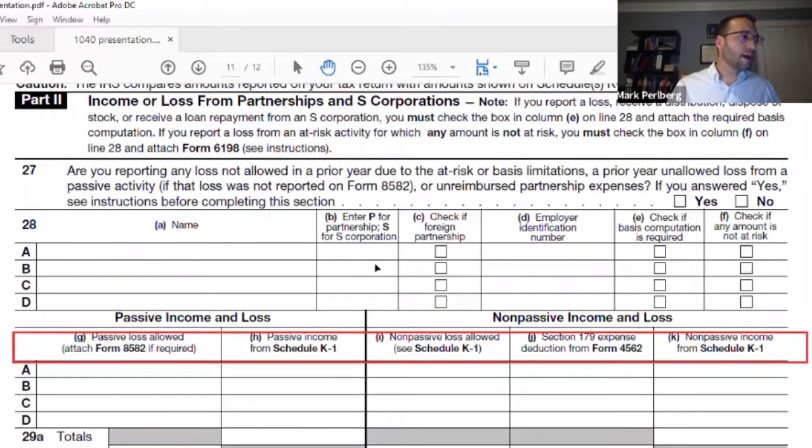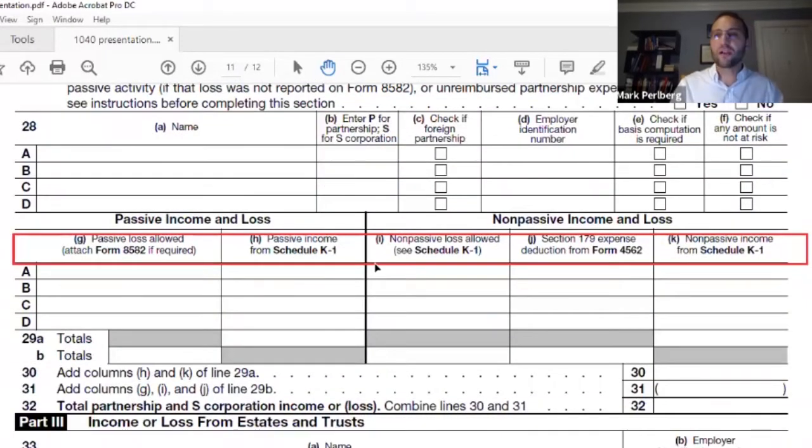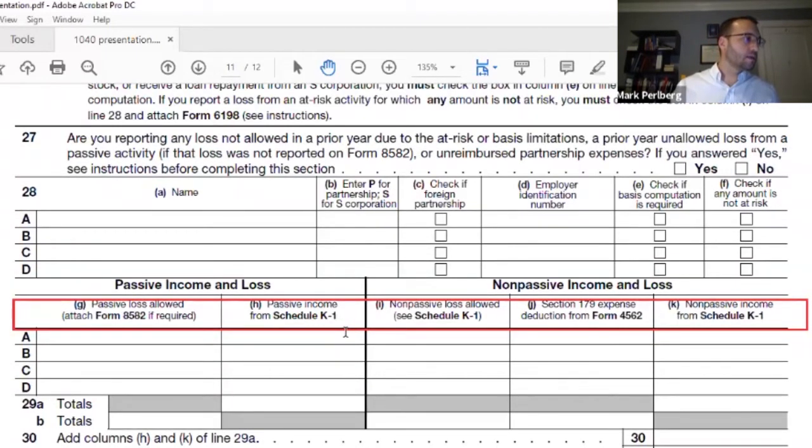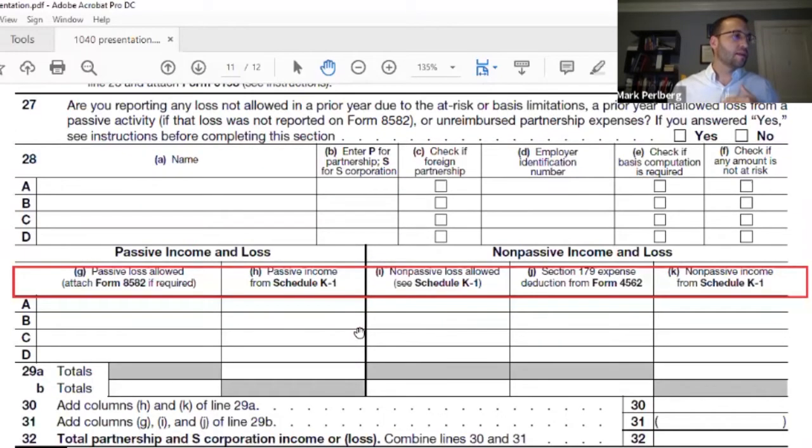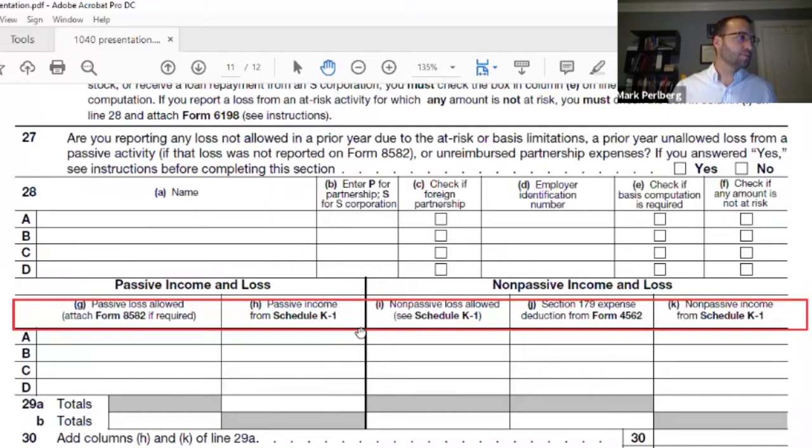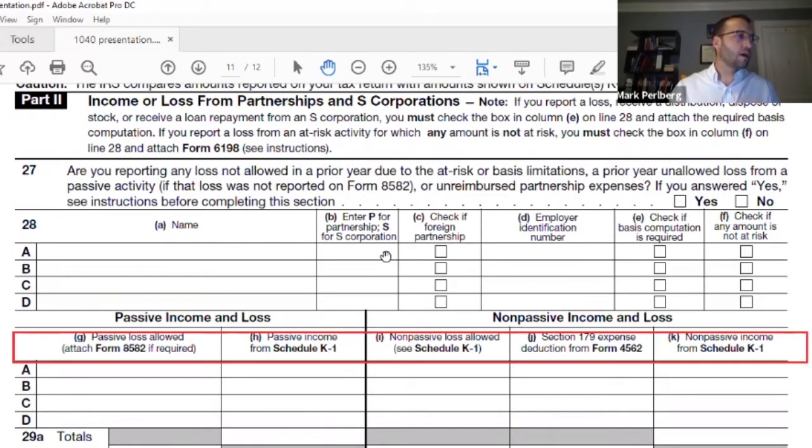Another thing we want to think about here is when we have partnership shares and S Corp shares of income. A lot of people fail to consider whether their activity is active or passive. Here, as we can see, we are classifying our interest in partnership activity and our interest in S Corp activity. Right here on part 2 of the Schedule E, have you considered whether you are actively or passively participating in your partnerships and what are the impacts of that?